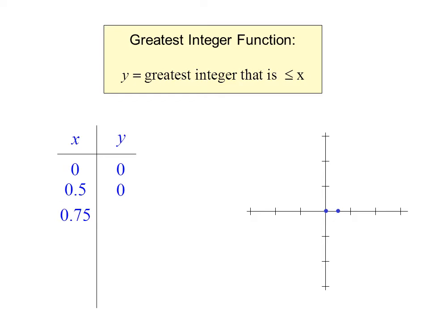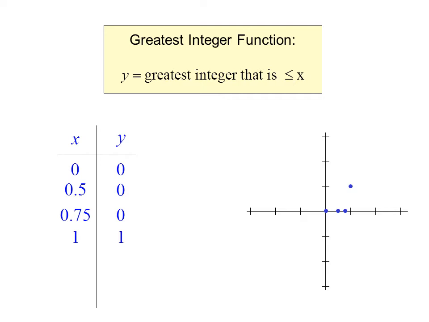If we move to 0.75, it is still 0. But if we let x equal 1, 1 is an integer. So the greatest integer that's less than or equal to 1 is 1. And we have a jump or a step.